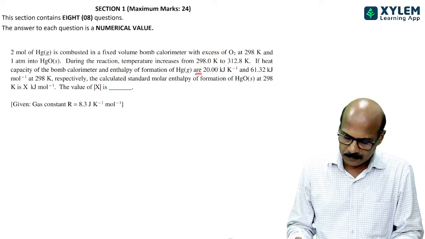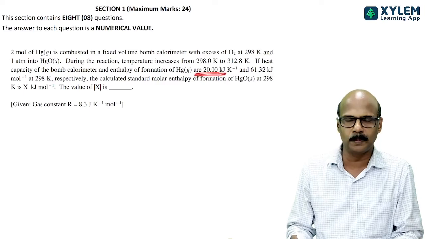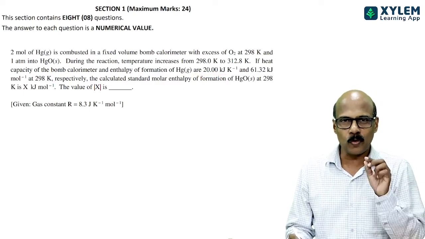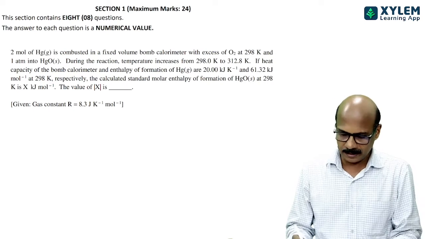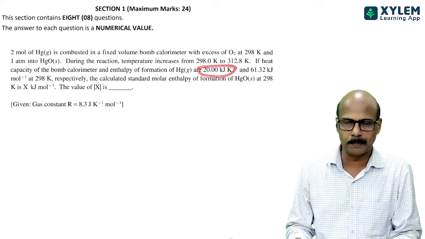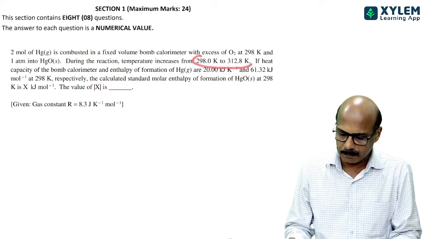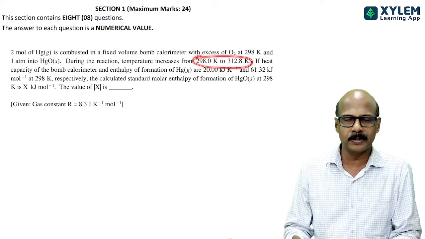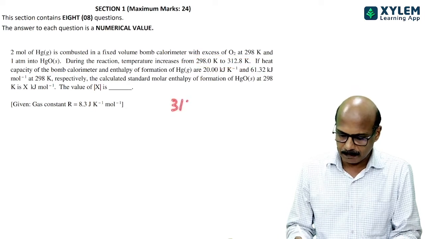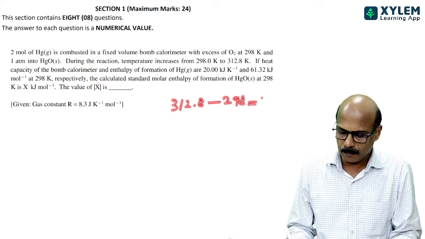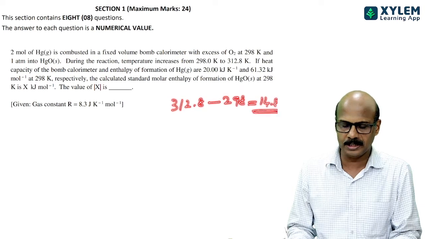The heat capacity is 20 kJ per Kelvin. That means for 1 degree rise in temperature, 20 kJ is produced. What is the rise in temperature during the experiment? It is found to be 14.8 Kelvin.